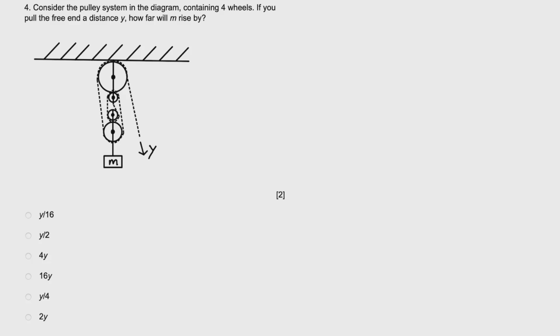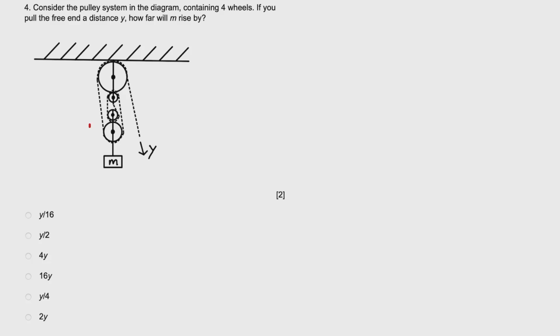Question 4. We have a pulley system that consists of 2 fixed pulleys and 2 free pulleys, and its free end is pulled by a distance y, and we need to find out how far m will rise. To tackle a complicated pulley question, we can count how many strings are going across 3 pulleys.